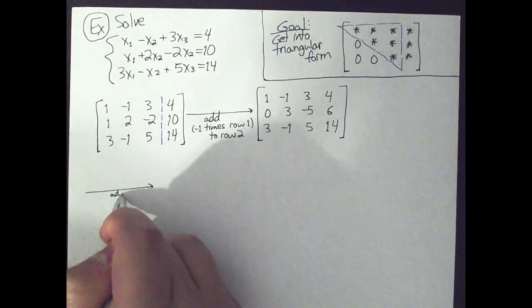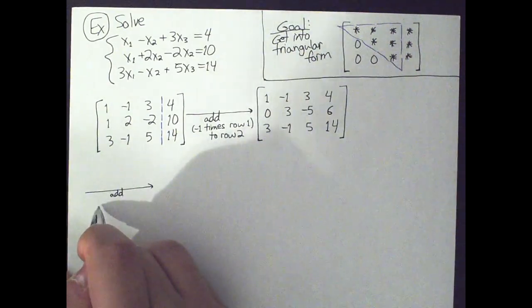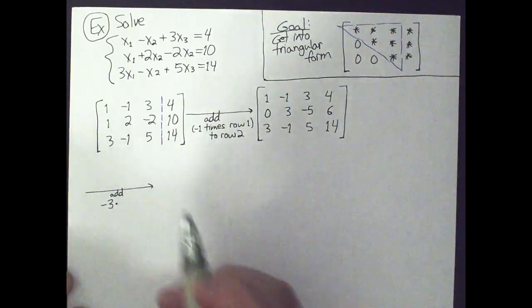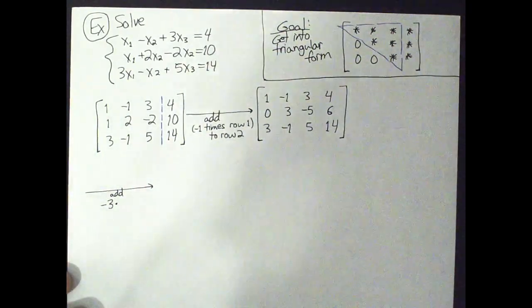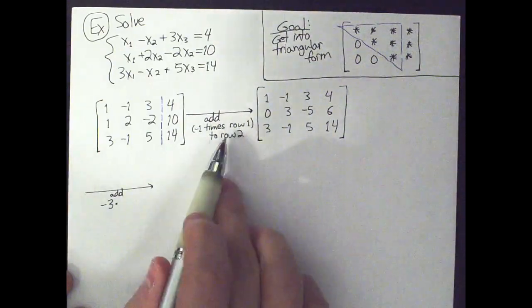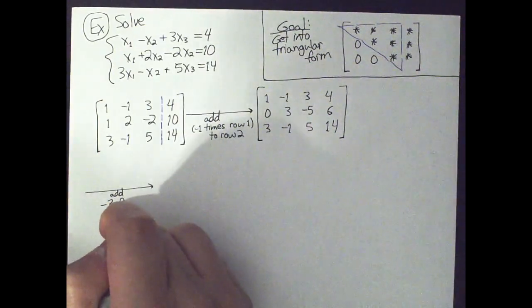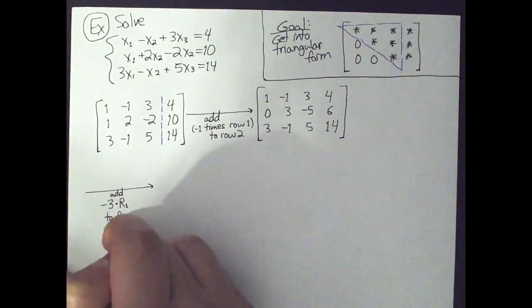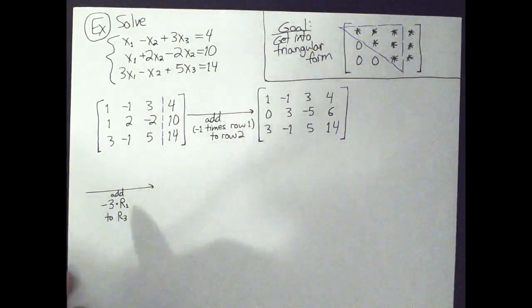So we add a multiple of a row to another. So let's do -3 times row 1. Do you want to abbreviate this instead of writing row 1? How about we call it R1 to R3? Adding -3 times row 1 to row 3.